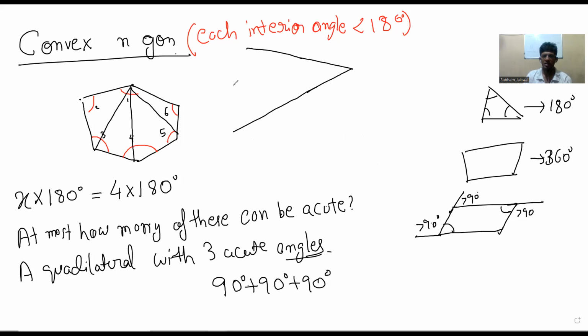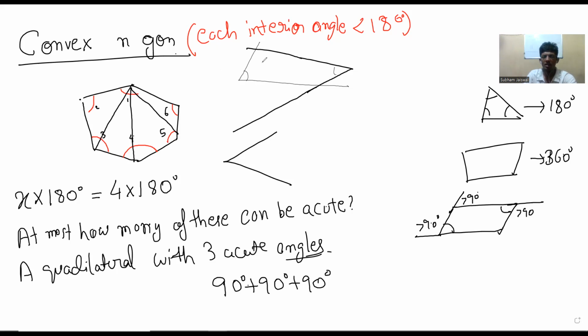Now, if we place this acute ray here, not to make it parallel or anything, just to place it, obviously this angle and this angle are both less than 90.